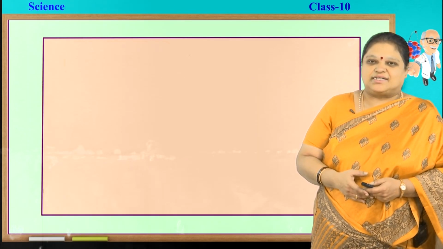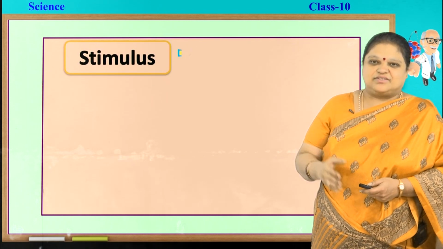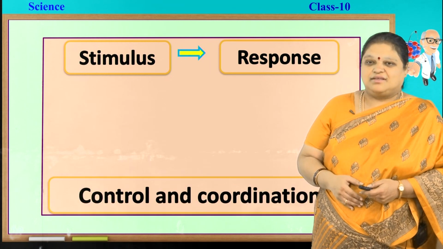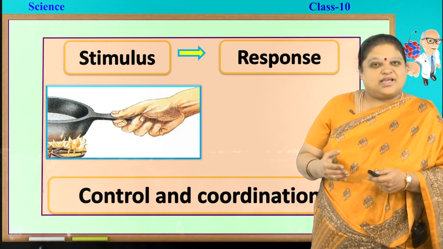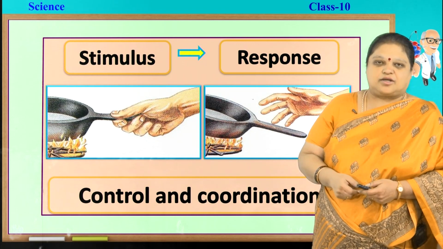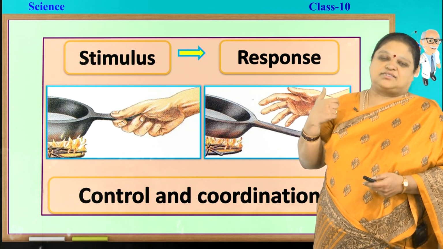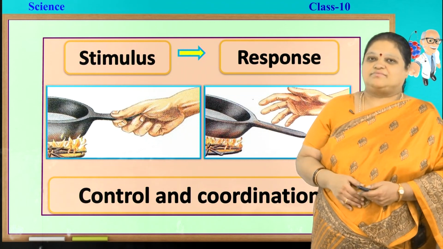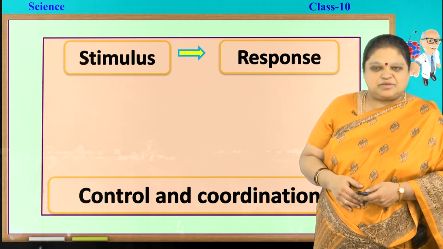Okay. Now, let us see here the first basic type of movement, that is responding to the stimulus. So, this is a type of chemical coordination. When a person touches a hot object, he immediately withdraws his hand. This is one other type of movement, that is responding to the stimulus.